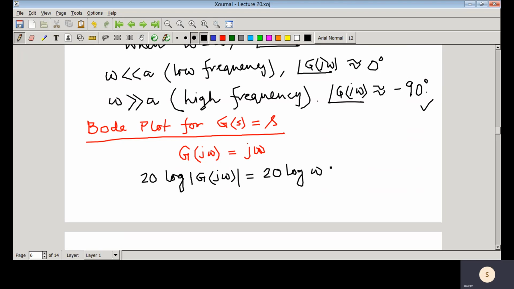So in dB scale, this is the magnitude in dB, and if this is y and this is x, then actually y equals 20x. So the slope that you would have in decibels is 20 dB per decade.